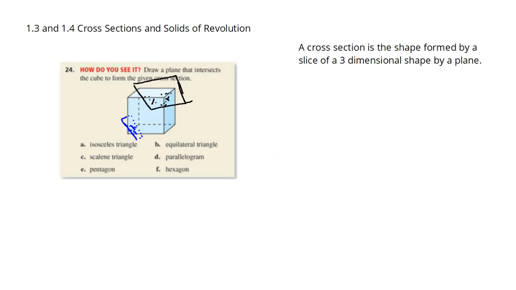If you wanted a scalene triangle, you could just go any random kind of cut like this. That'll get you a scalene triangle. That'll get you like this, and then like this, and then like this.